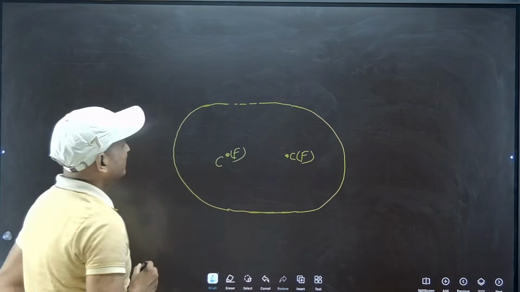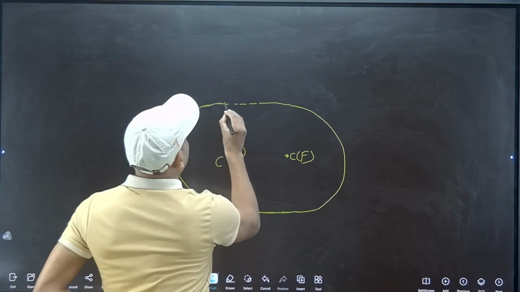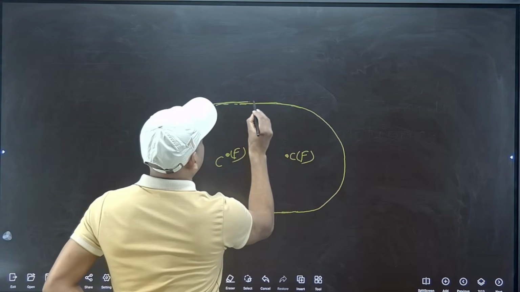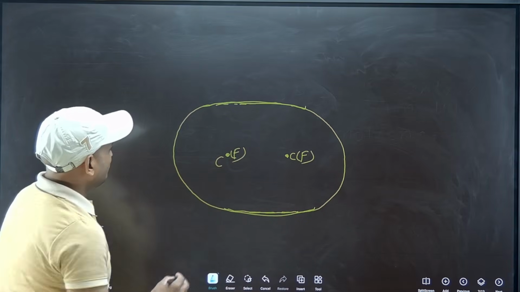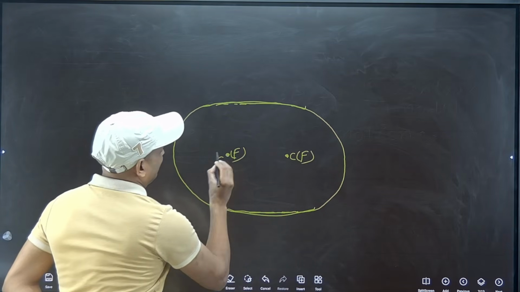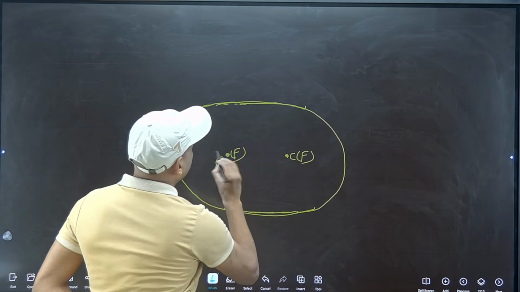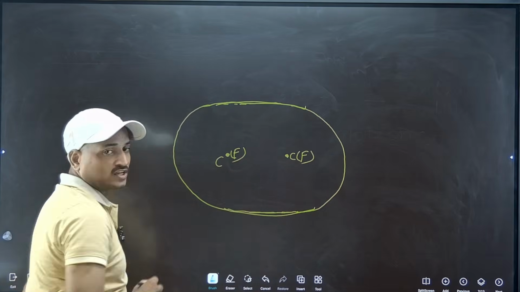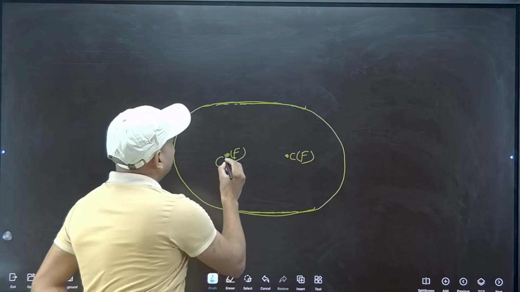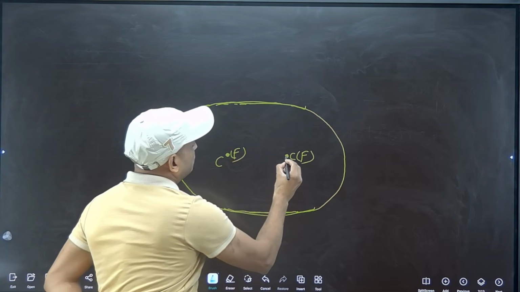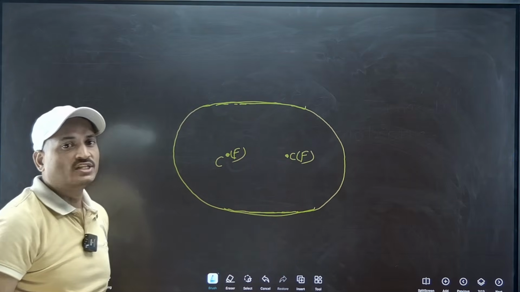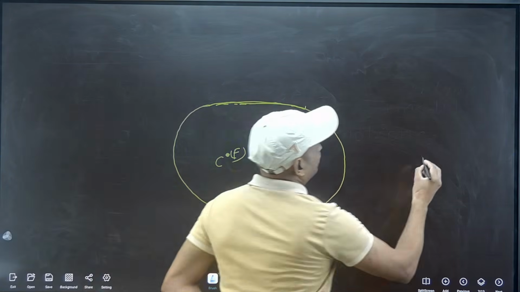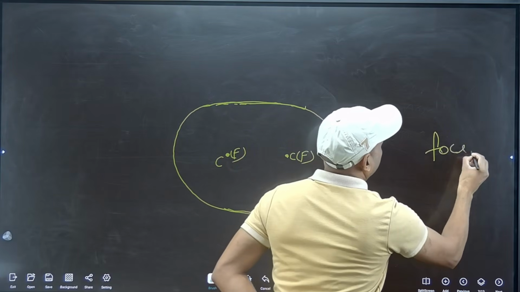So now this comes our elliptical orbit. You see that this elliptical orbit has two focus points. In plural, we call them foci.